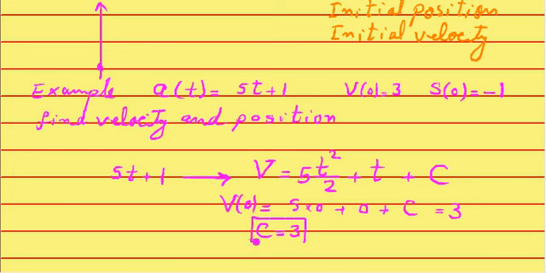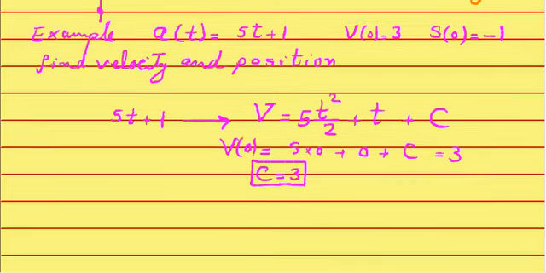So in this simple problem, that constant of integration turned out to be the initial velocity. It's not always this straightforward. Sometimes it might take longer to figure out what that constant is. That was the acceleration. Now I have the velocity. Velocity is determined as 5/2 of t squared plus t plus, now c turned out to be 3.